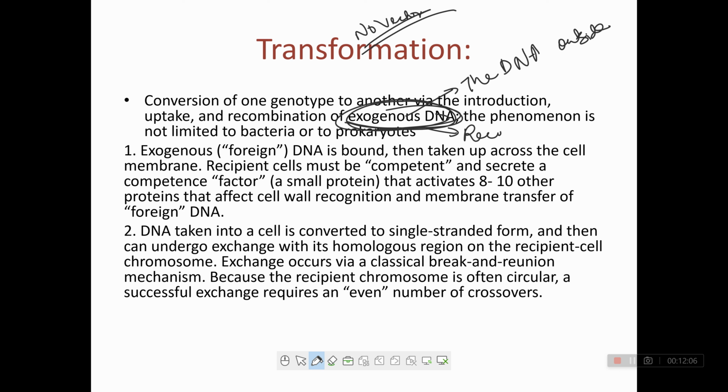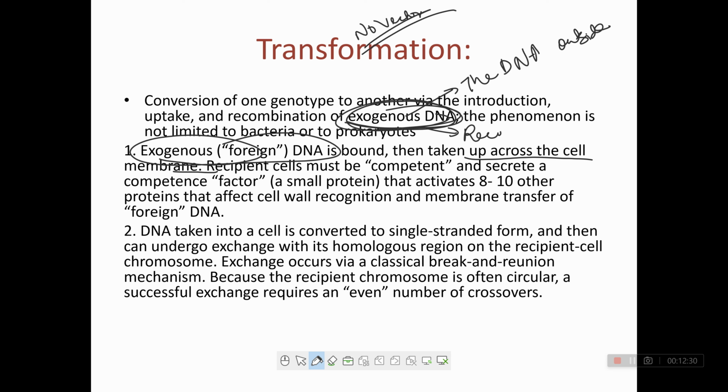The DNA which is present outside the recipient cell is known as exogenous DNA or foreign DNA. Exogenous DNA is bound, then taken up across the cell membrane.